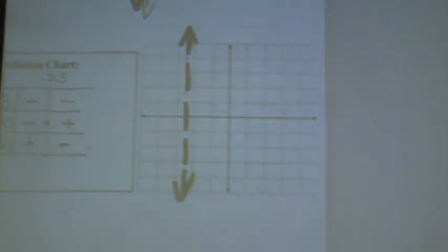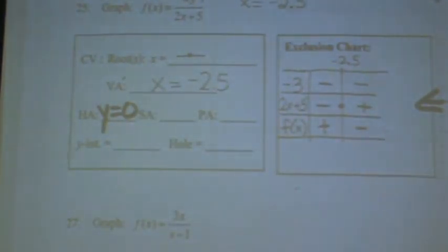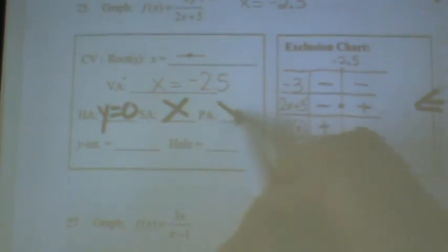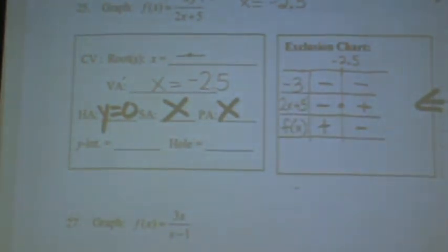It's bottom heavy, so y equals 0 is your horizontal asymptote. It can't be top heavy if it's bottom heavy. How about your y-intercept? If you plug 0 in for x, yep, -3/5, good job, and there are no holes.